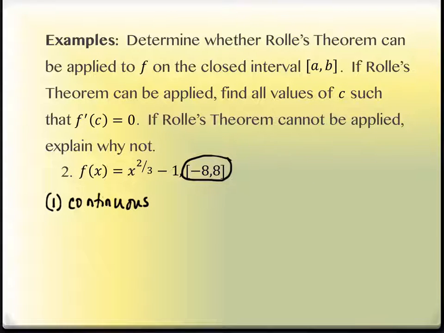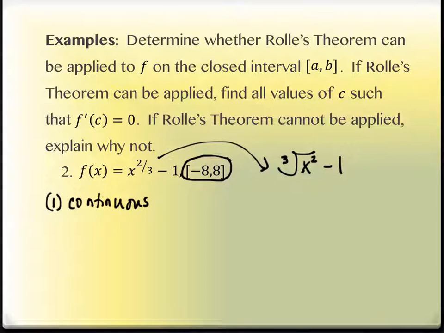Now, there's not going to be any x values I'm not allowed to have, because this is to the 2/3. And if you remember, what this means is the cube root of x squared. That's what 2/3 means as an exponent. So I can put in any x value I want. That's not a problem. But you have to check for both continuous and differentiable.